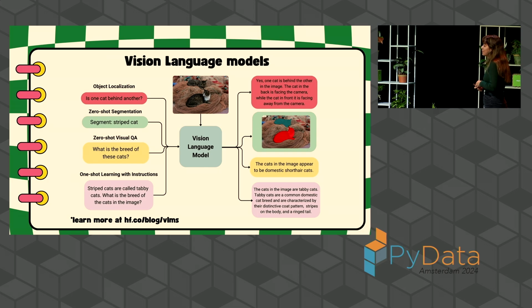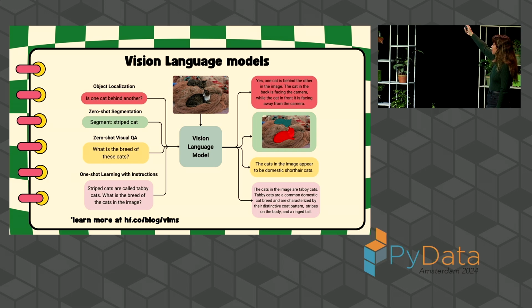So vision language models can essentially do anything that large language models do, but also input image. You can do object localization, for instance. It has spatial understanding. It understands the location properties of semantic classes.